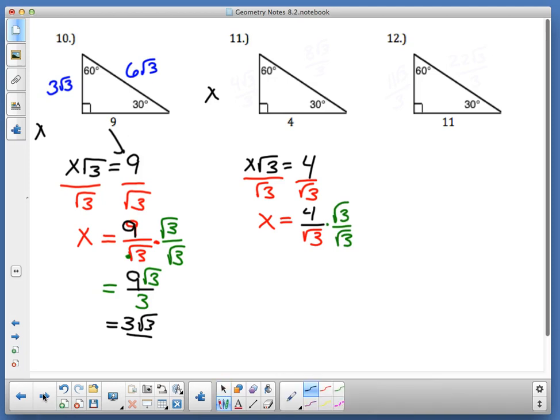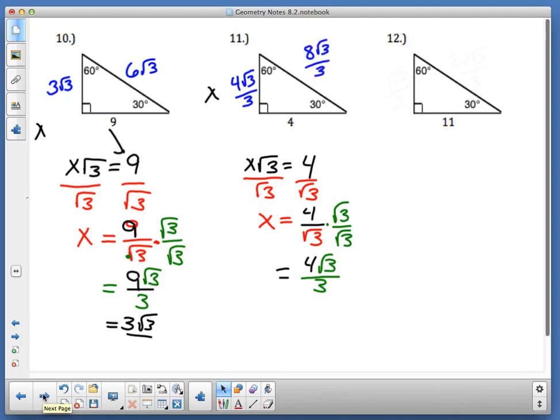And my answer here becomes 4 times the square root of 3 divided by 3. It's still the same thing. It's the square root of 3 divided by 3 times 4. So I take my longer leg, divide it by 3, and then multiply it by the square root of 3 to get my short leg. That's my answer, and I double that to get my hypotenuse.